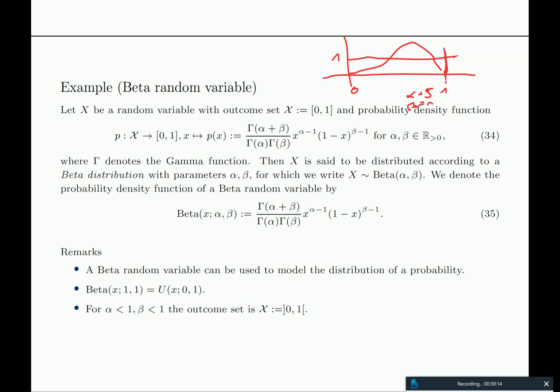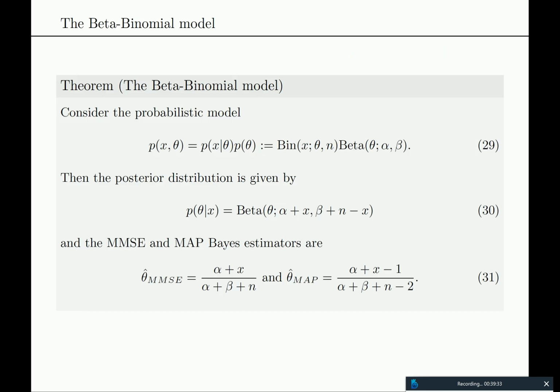I think alpha encodes the direction of 1. If it's the other way around, with a very high beta value and very low alpha, you get something like this, and it's always constrained to this interval. So it makes sense to encode uncertainty over a parameter that models a probability in a beta distribution.